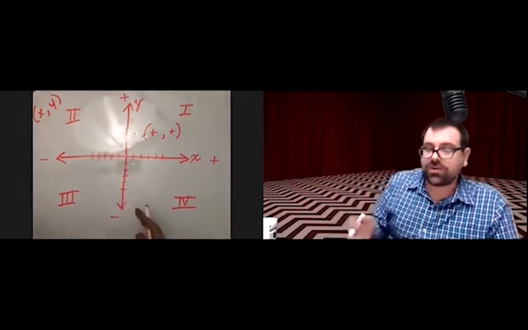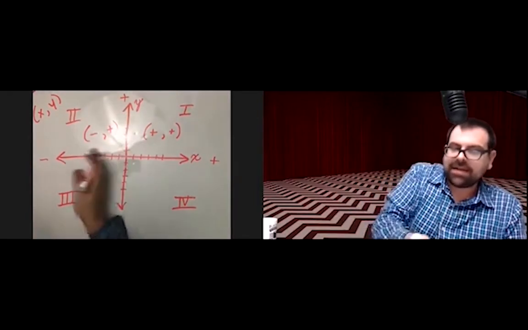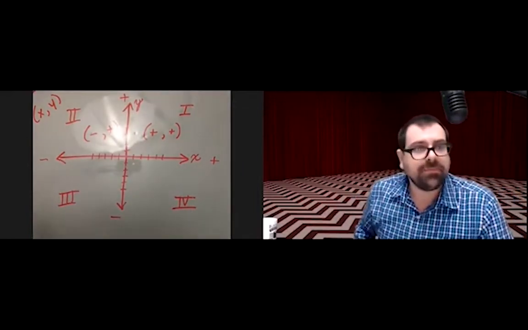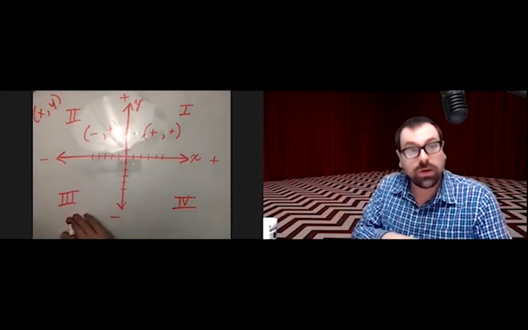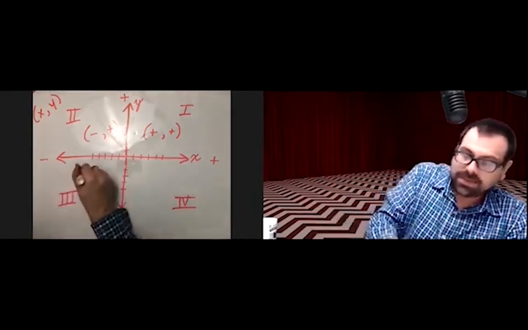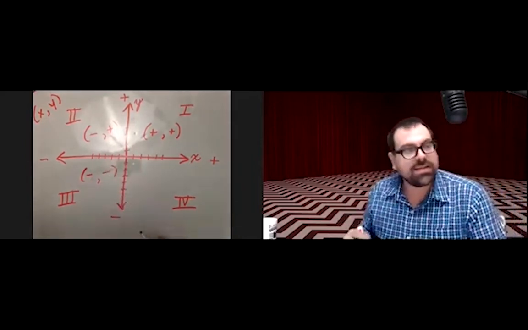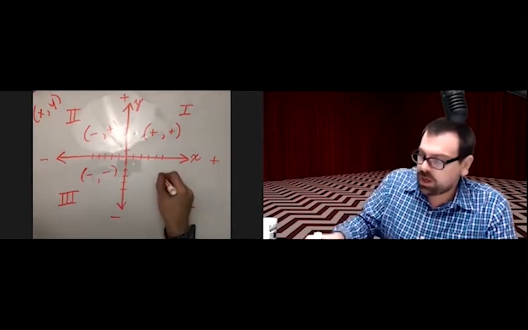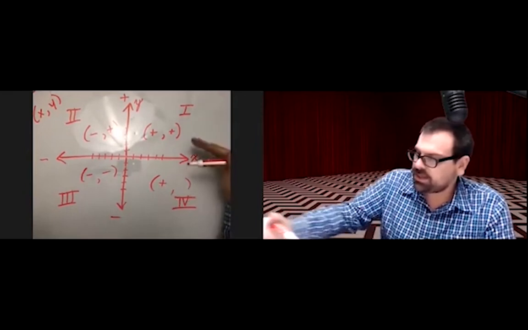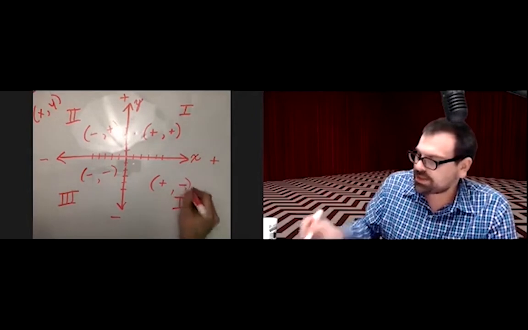All points in quadrant II are going to be negative, positive, because the x is negative, it's to the left, but the y is positive, it's up. Quadrant III, the x will be negative because it's to the left. The y will be negative because it's down. Quadrant IV, the x will be positive because it's to the right. The y will be negative because it is down.